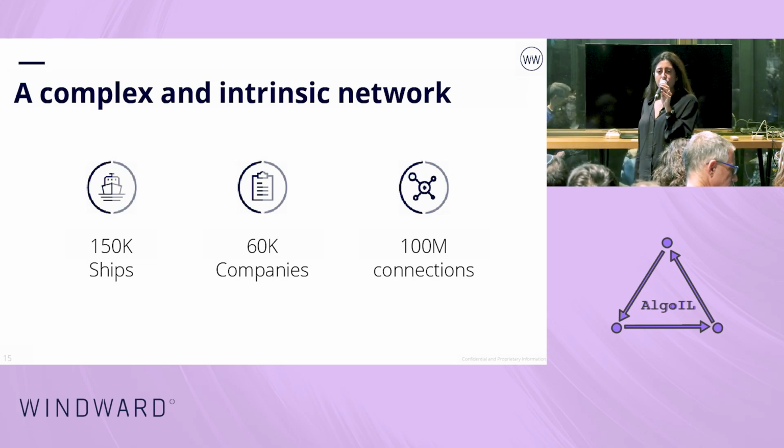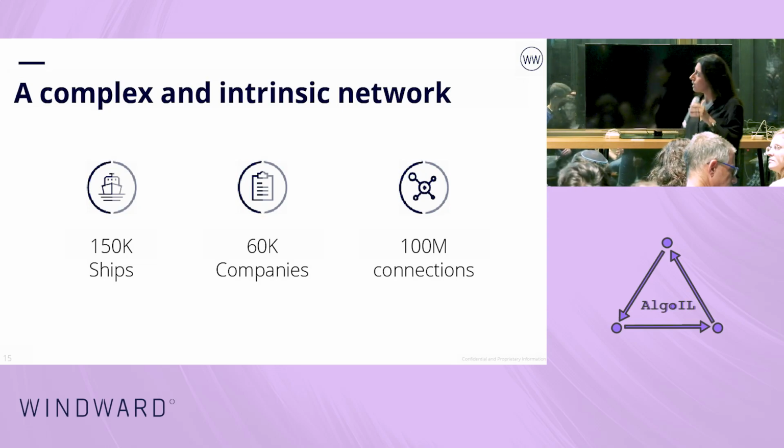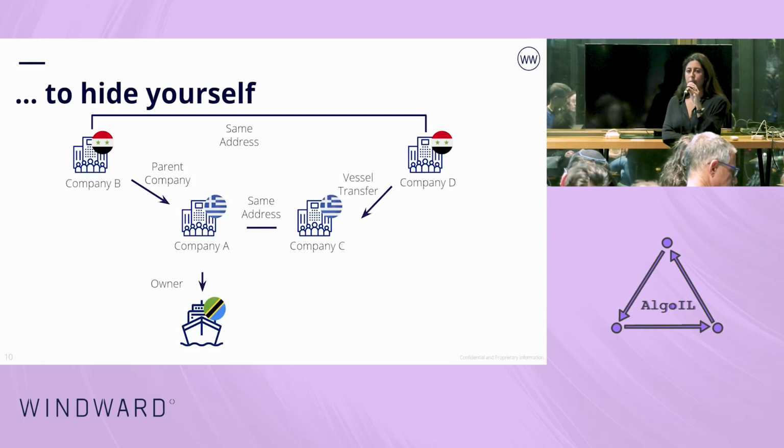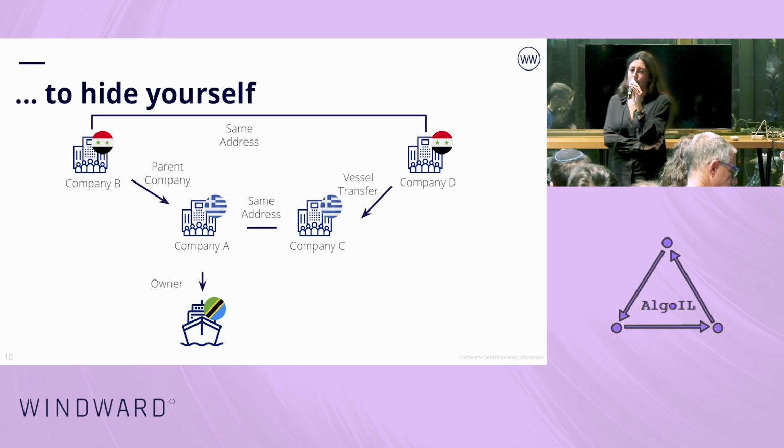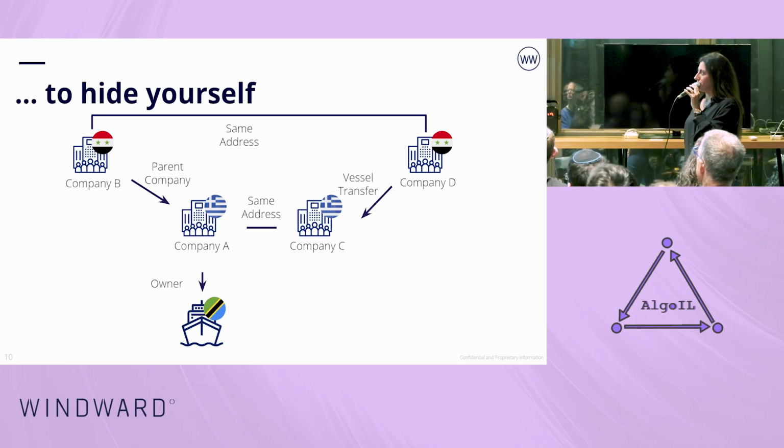So let me show you now the modeling that we've been doing and how complex and hard to grasp this world is. Let's say we have two companies and a ship. We say that A is what we call the beneficial owner of the vessel, and B is its registered owner.